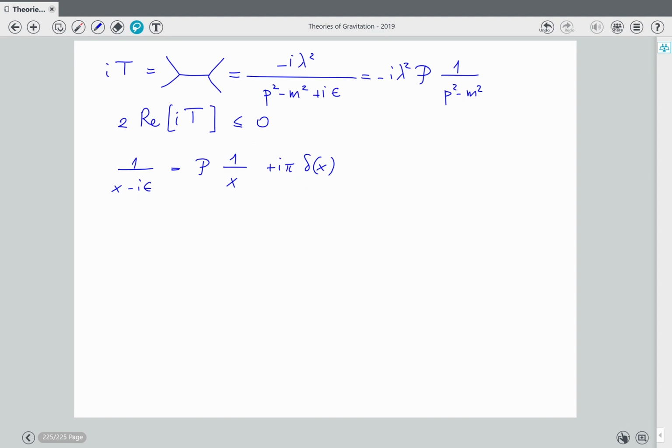Actually, there is a minus because you have to conjugate this distribution here. So if you conjugate it, here you will have plus, and there you will have minus. So with the plus you have minus I pi, minus I lambda squared times minus I pi, and that is minus lambda squared pi.